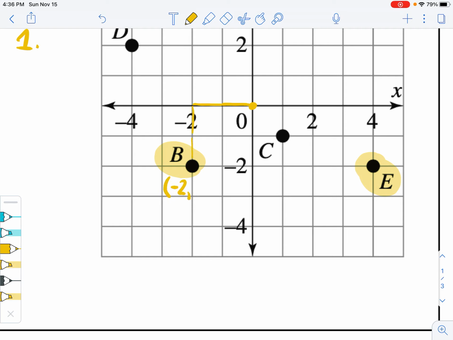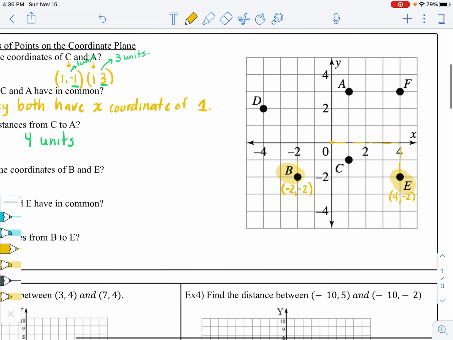And 1, 2 units down. So that is -2 as well. Let's look at E. E is starting from the origin. You go 4 units to the right. So that is +4, and then 2 units down, which is -2. So B is -2, -2, and E is 4, -2.